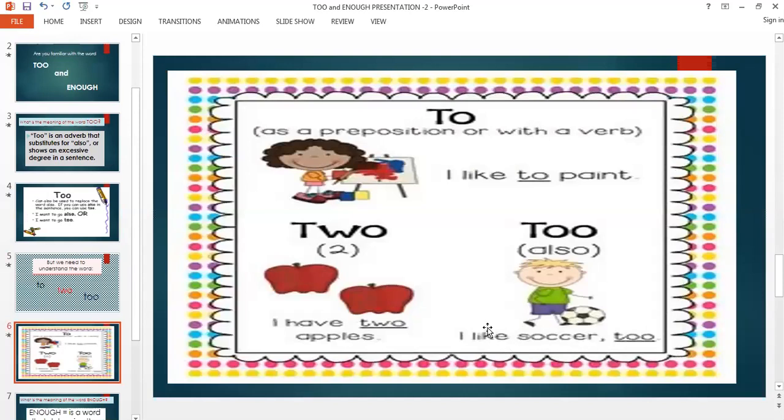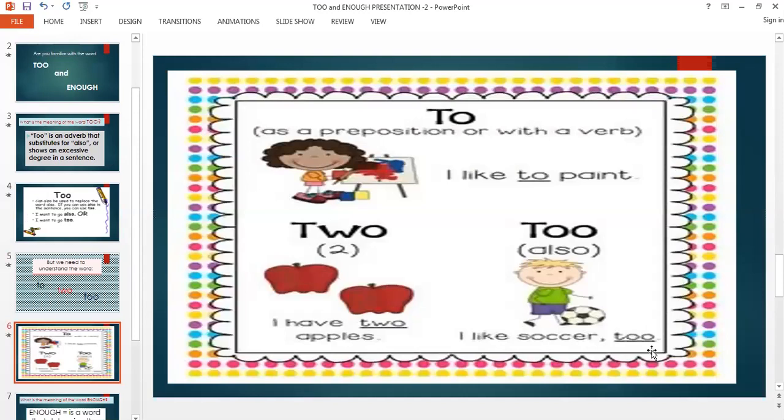Meaning, another person is playing soccer, and then they asked you, "Do you want to play soccer?" I like soccer too. Do you play the game soccer? Yeah, I really want the soccer game too. Something like that. So again, "to" here is a preposition, "two" is the determiner, and "too" here is the adverb of the sentence.